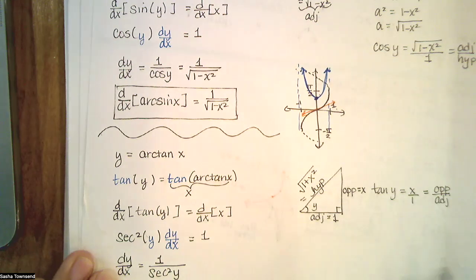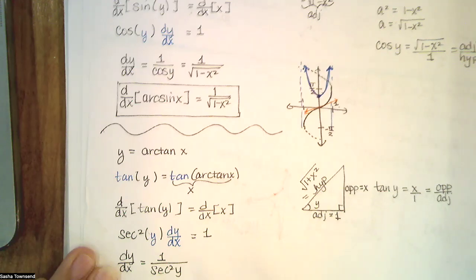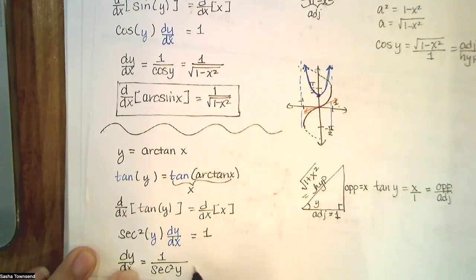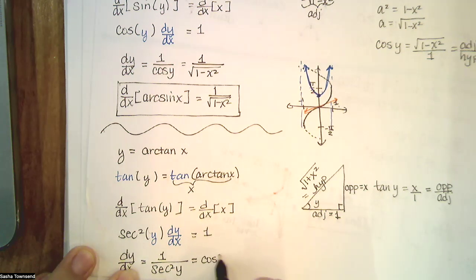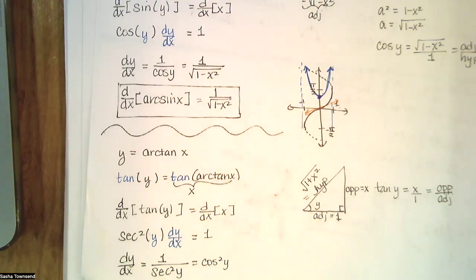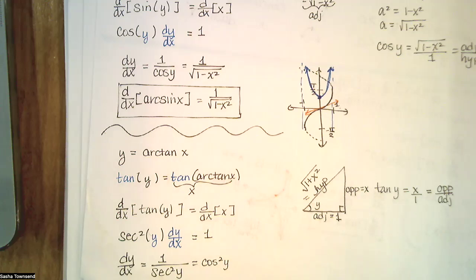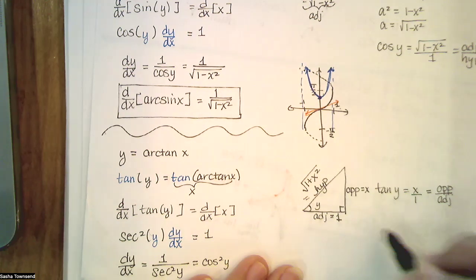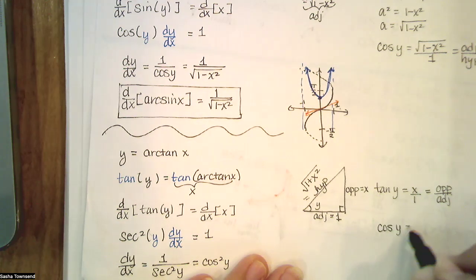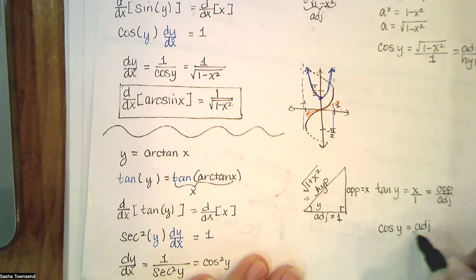So that's the tangent of y. And the dy/dx turns out to be 1 over secant squared, or cosine squared y. So we just need to find the cosine of y and then square it in terms of x, and that's going to give us our derivative. Well, cosine is adjacent over hypotenuse.